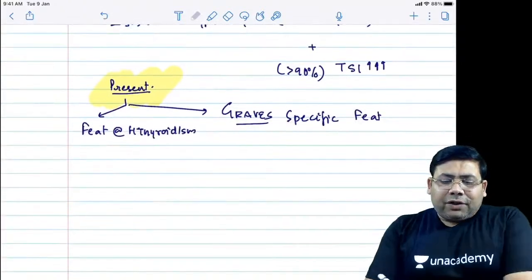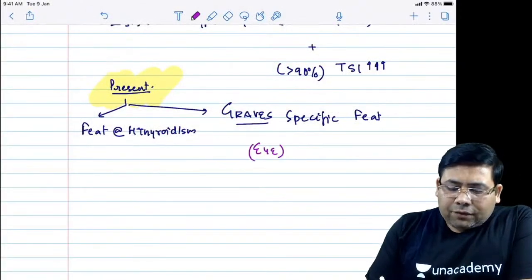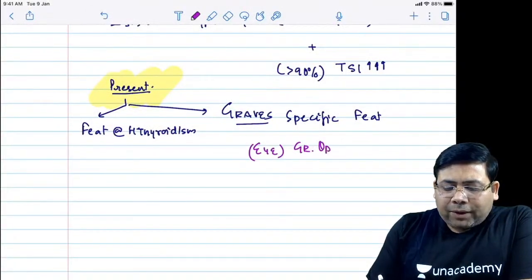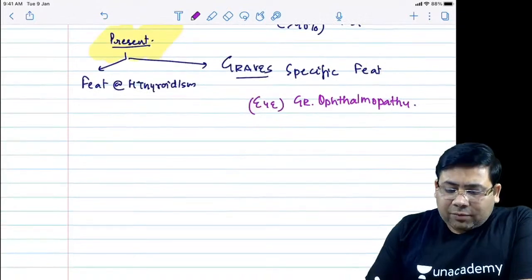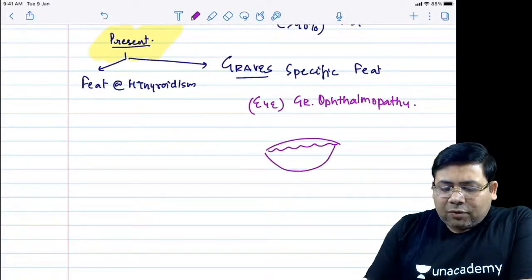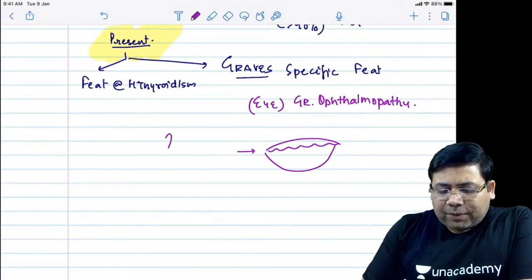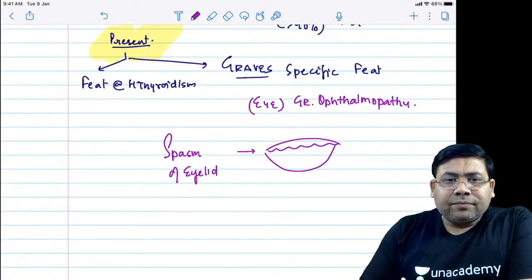What are the classical features present in the eye? That is known as Graves ophthalmopathy. There is spasm of the upper eyelid, and because of it, a lot of things are seen.